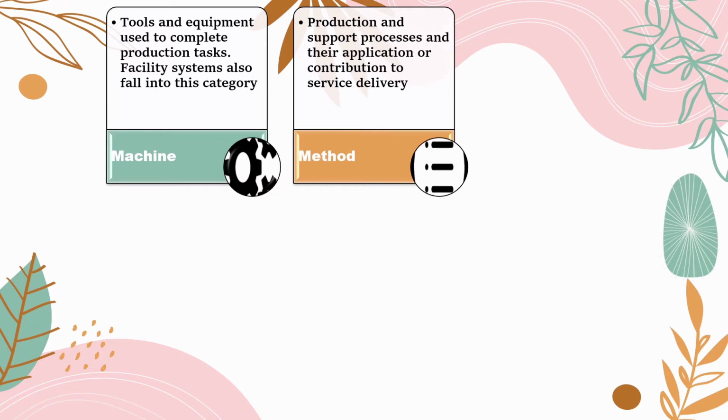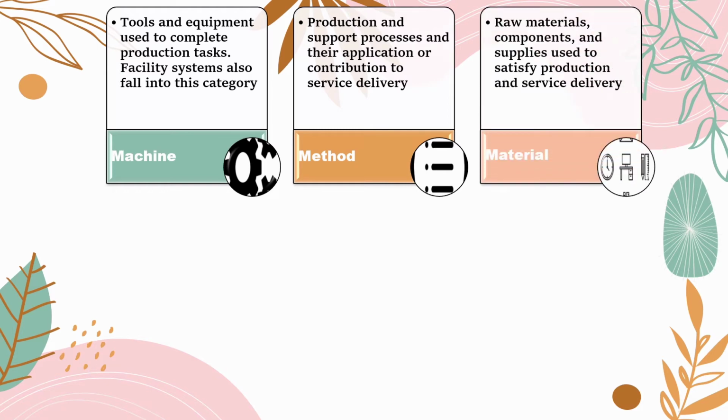For example, specific regulations or policies causing slowdowns in processes. Third is material. Raw materials, components, and supplies used to satisfy production and service delivery can be categorized into material. For example, problems with the quality of supplies.